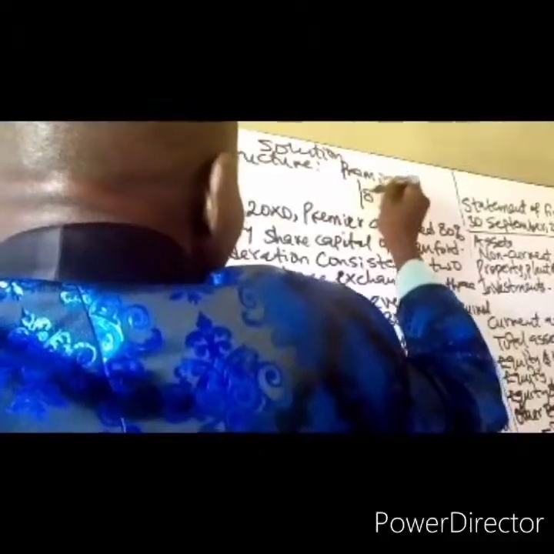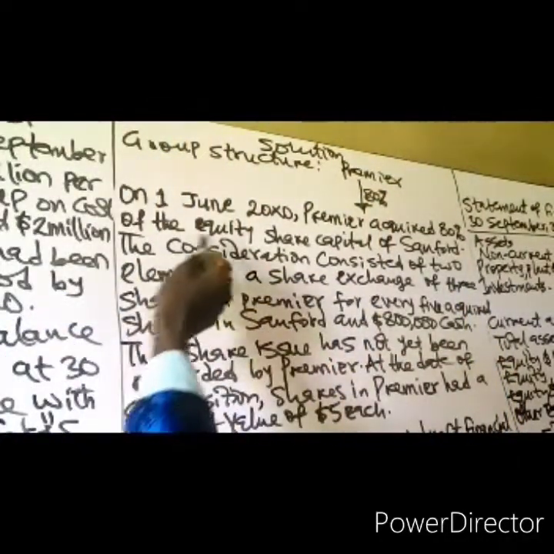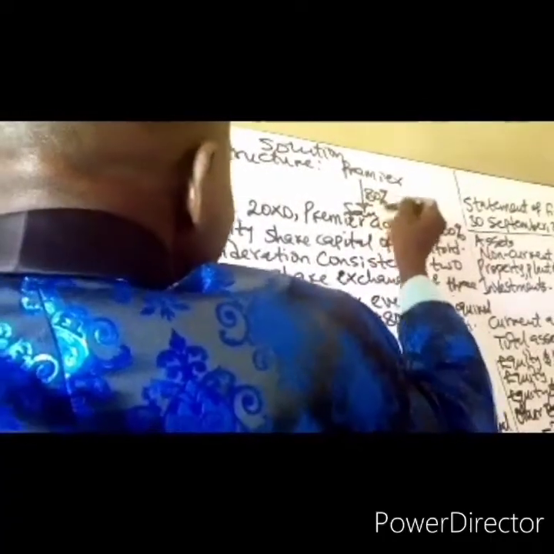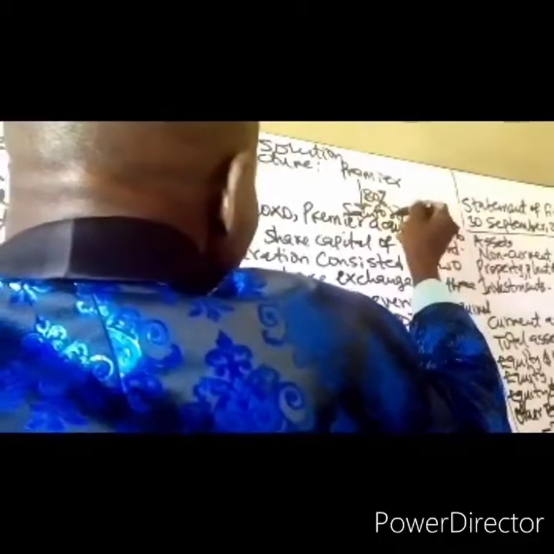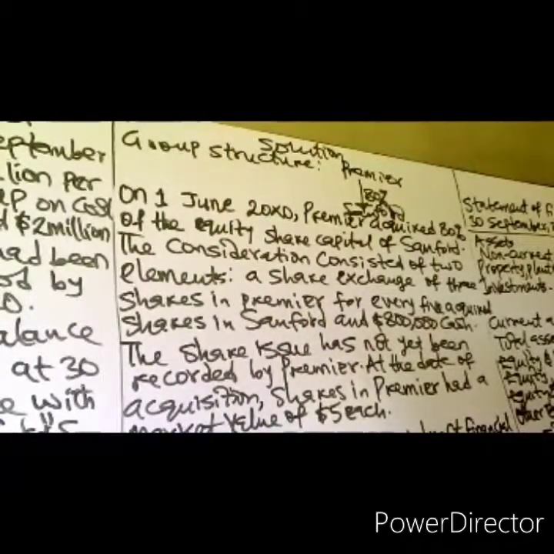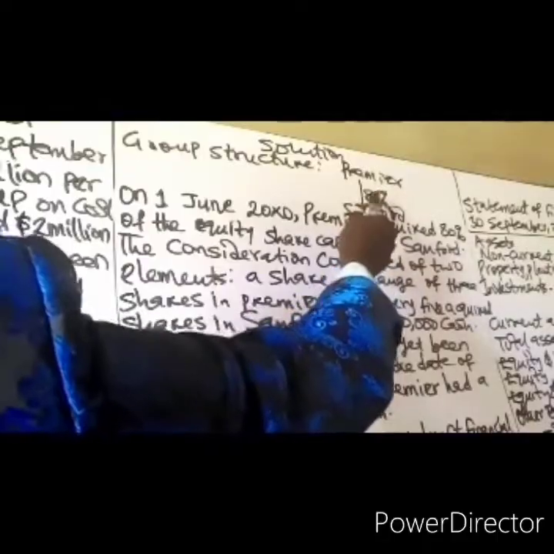It acquired 80% of the equity share capital of Sanford. That is the group structure. Premier acquired 80% of Sanford.